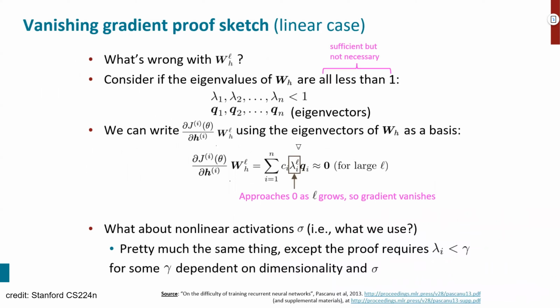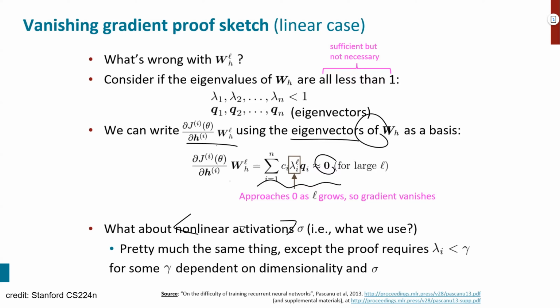And you can think about the eigenvectors of W. And you can write this as this. Okay, and this becomes 0 very easily. And the nonlinear activations entail a similar problem.